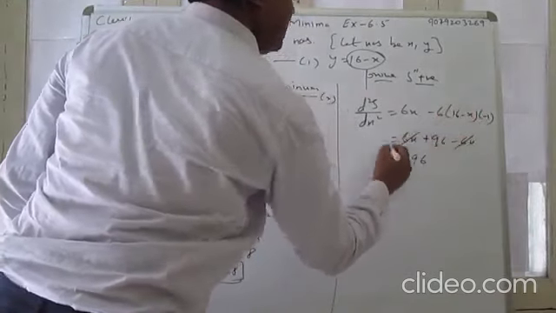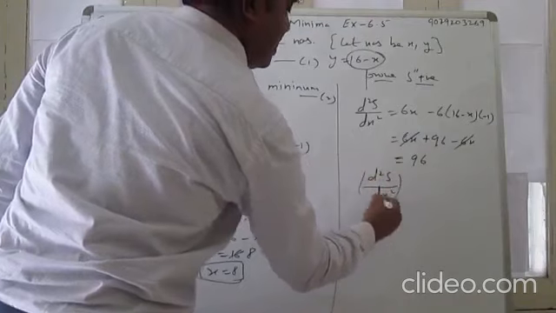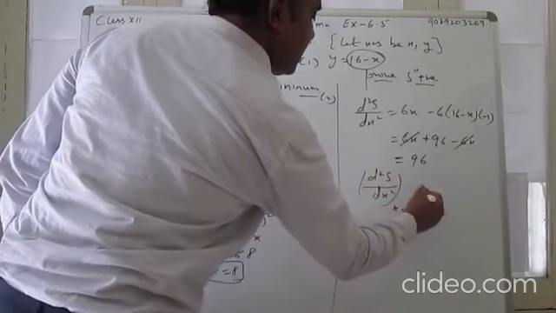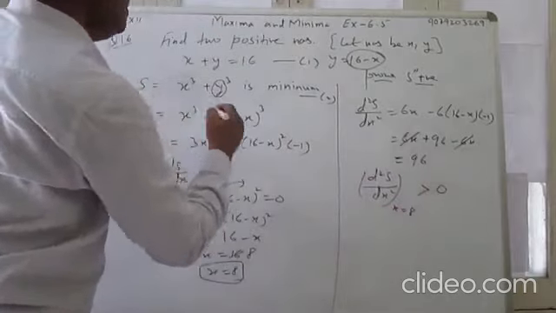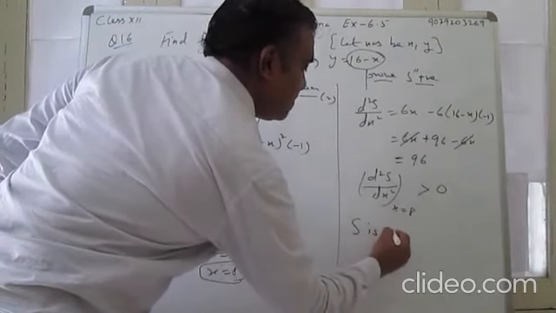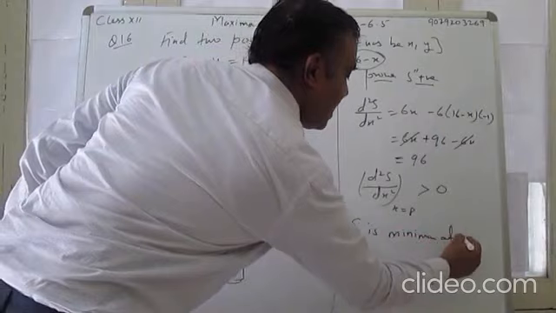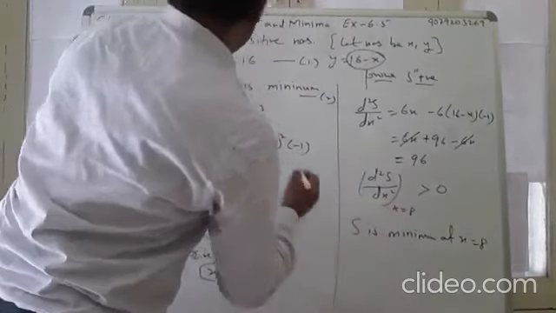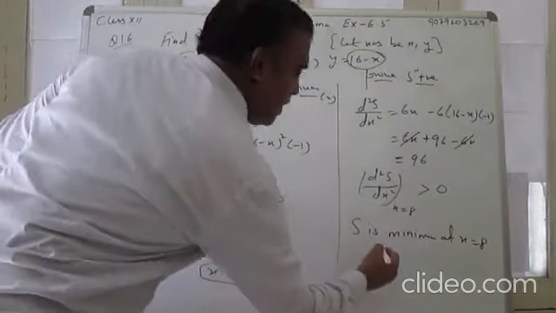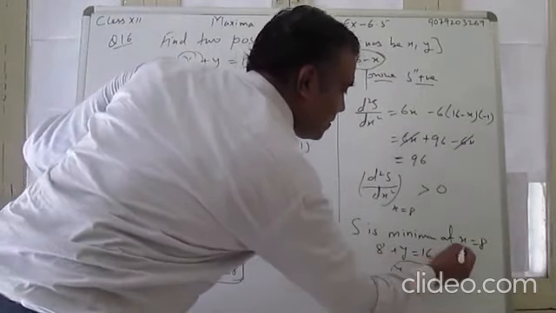This is 96. So we see that d2S over dx square at x is equal to 8 is greater than 0. So S is minimum at x is equal to 8. Put x is equal to 8 in the first equation: 8 plus y is equal to 16, y is equal to 8.